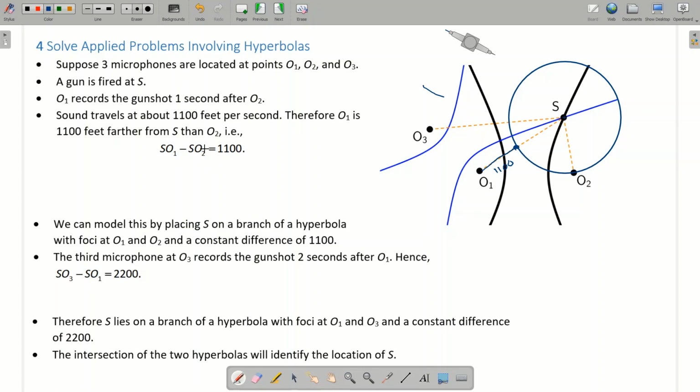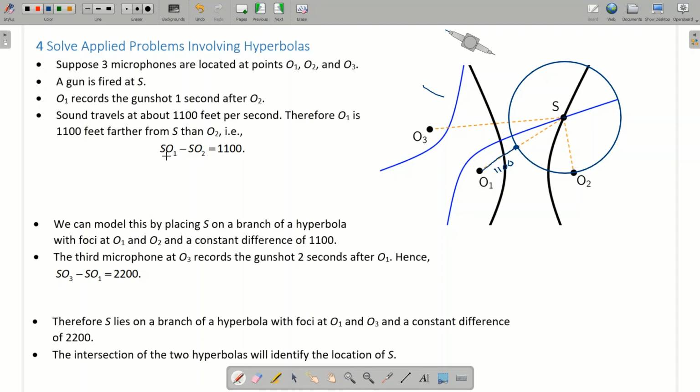Another way to characterize this is if we take the segment SO1 and we subtract the segment SO2, that is 1100. That's actually exactly what this segment represents. It represents the difference between those two segments.